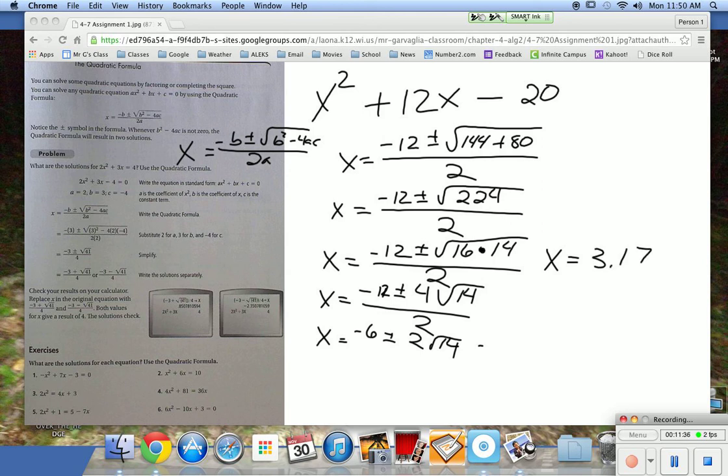And then I do my negative 6 minus 2 times square root of 14. So minus 8.83. Those are my 2. I'm able to use the quadratic formula to be able to figure that out.